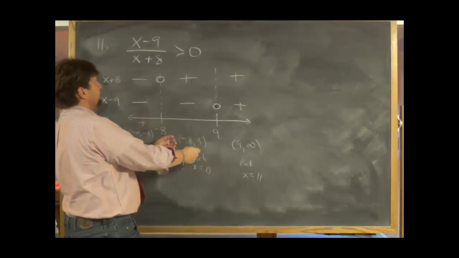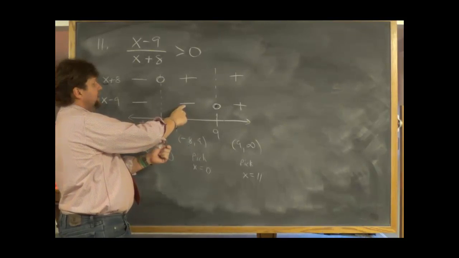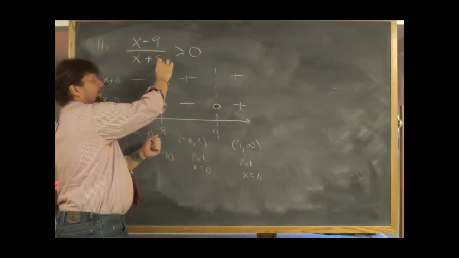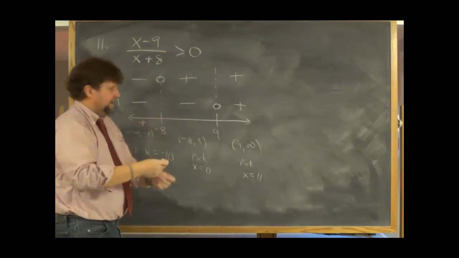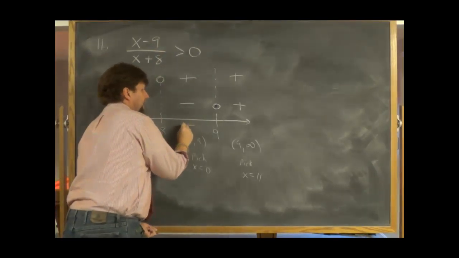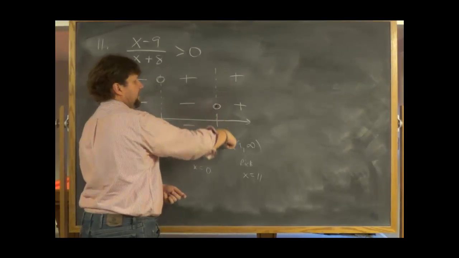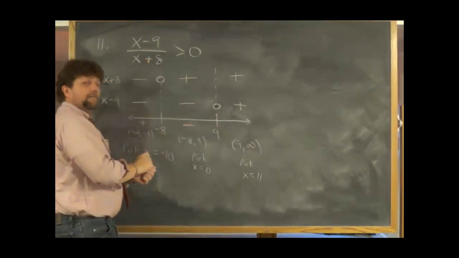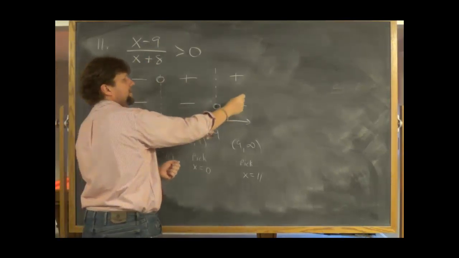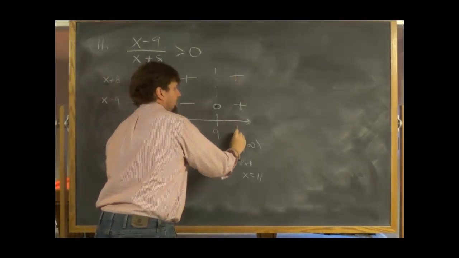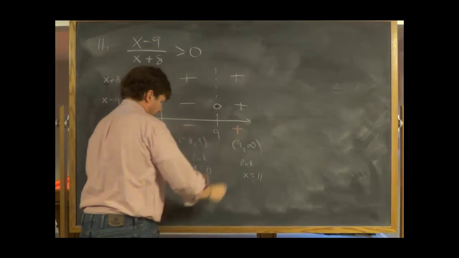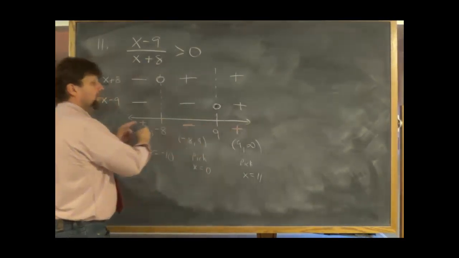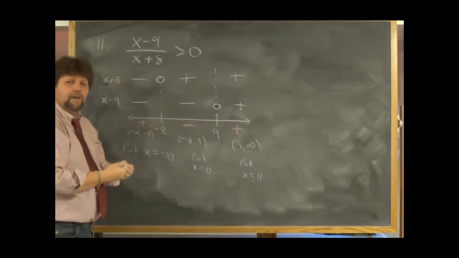On the next interval, x minus 9 is negative and x plus 8 is positive. Negative divided by a positive is negative. And finally, out here in the interval 9 to infinity, x minus 9 divided by x plus 8 is a positive divided by a positive, which gives you positive. It's this line right here that will answer any inequality.